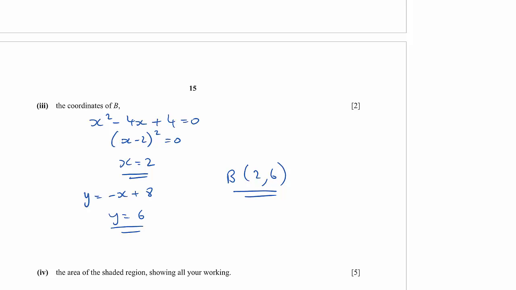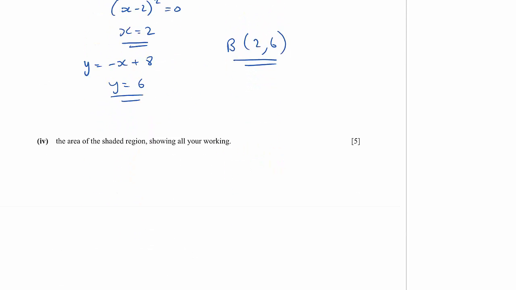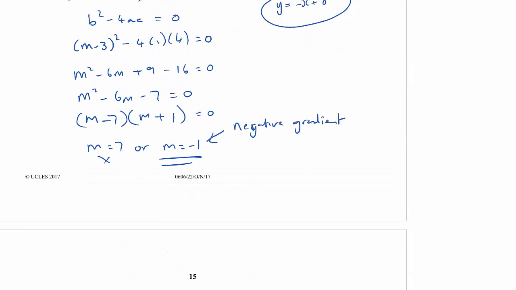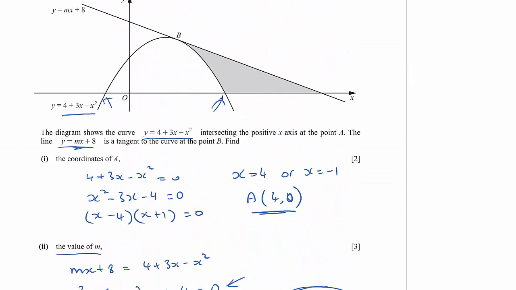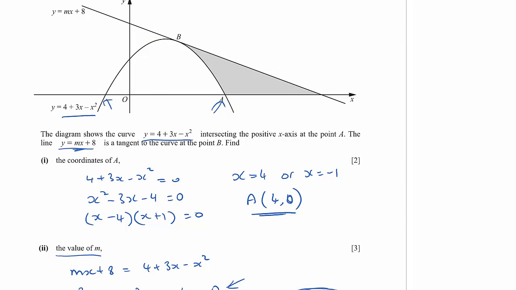And finally, I think it's finally anyway. Yep, finally, we want to find the area of the shaded region. So let's go up and look at what we're going to use as a strategy there. Well, what we could do is work out the area of the triangle, like so.